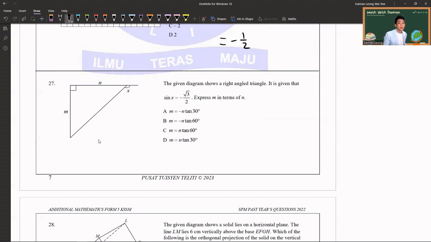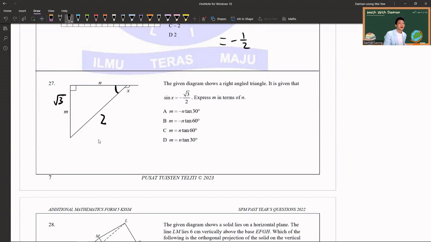Using ASTC, second quadrant, that's why it's negative. Sine is the same trigonometric ratio when I compare with the reference angle. Sine is opposite over hypotenuse, so I can take this as square root of 3 and 2 in a sense.